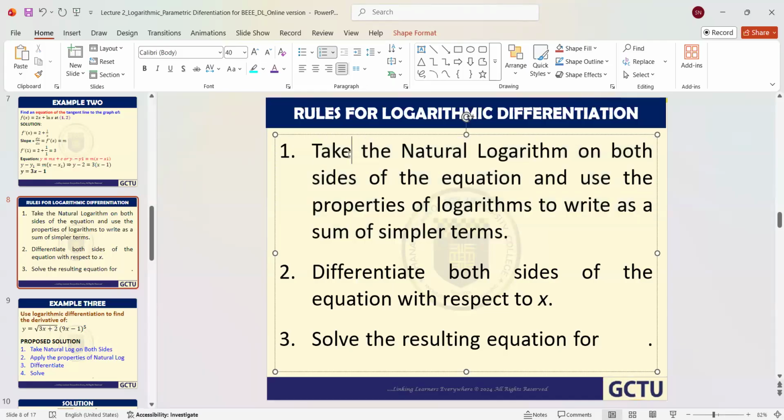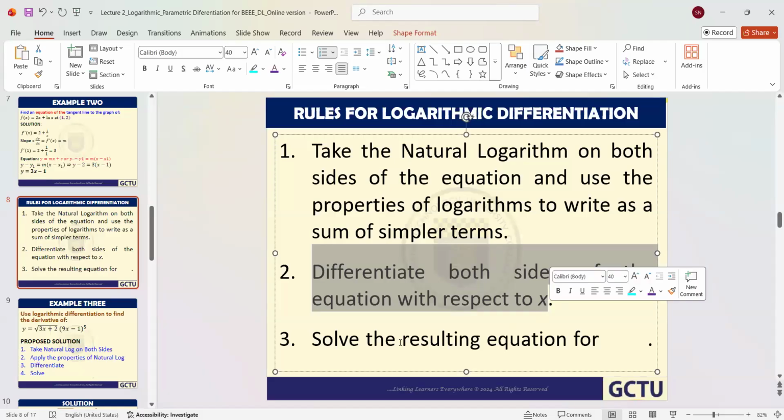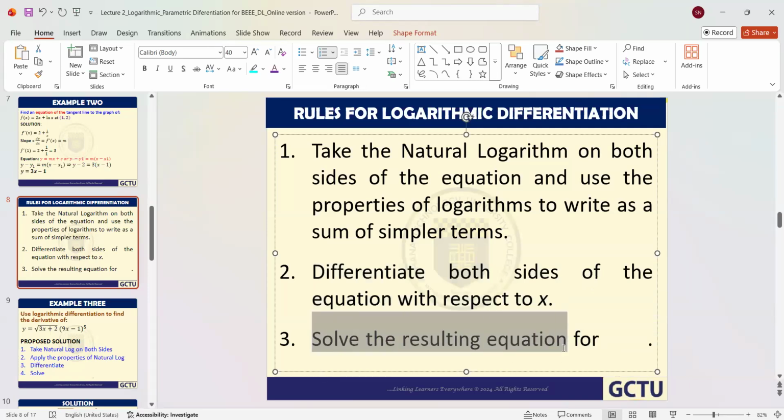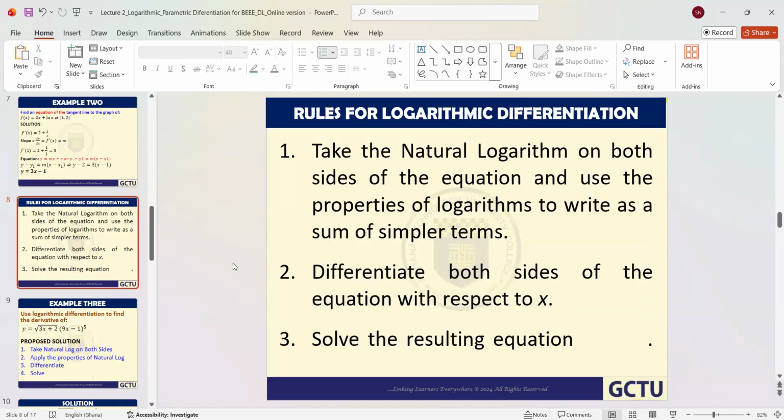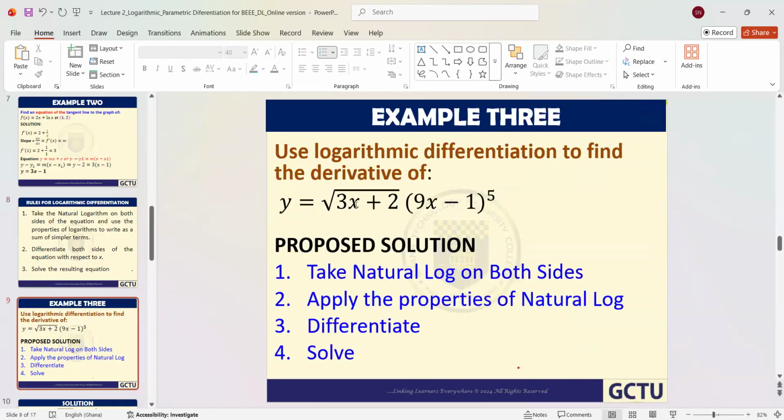So step 1, take natural log. Step 2, when you are done, you differentiate both sides of the equation with respect to x, and then you solve the resulting equation at the end. Okay, so let's see how to use this rule to solve an equation like this.